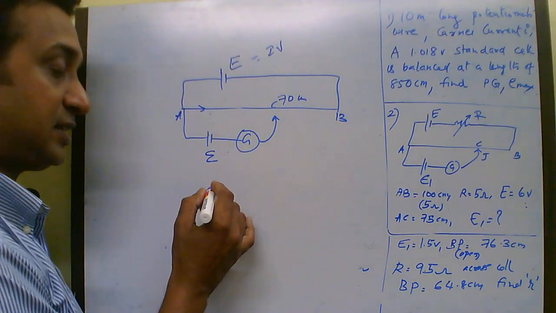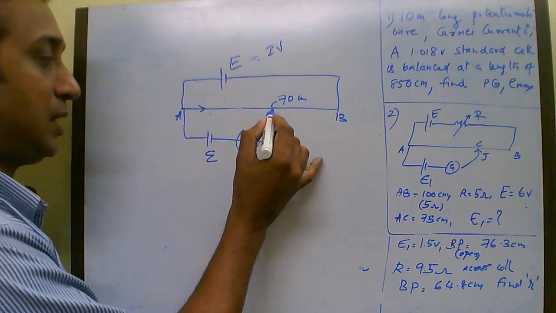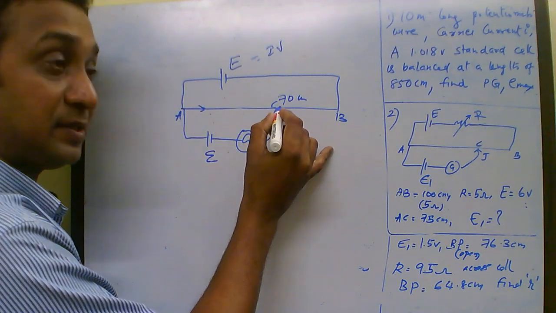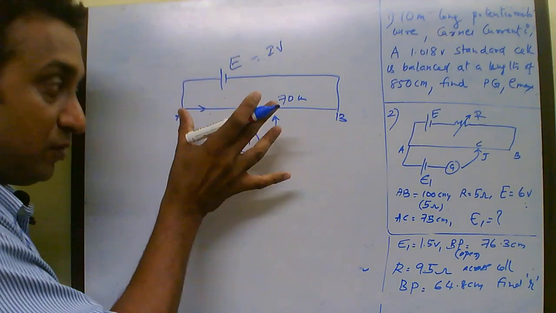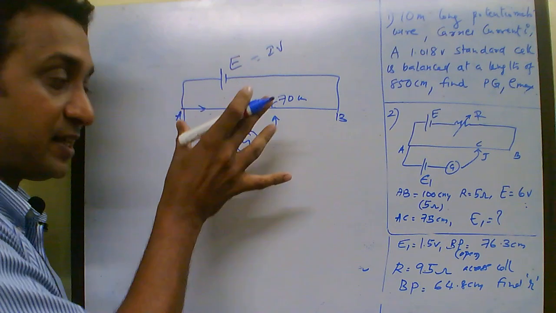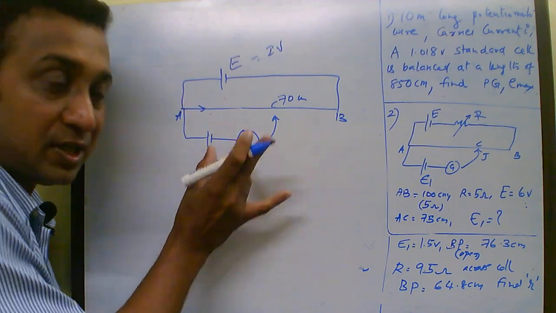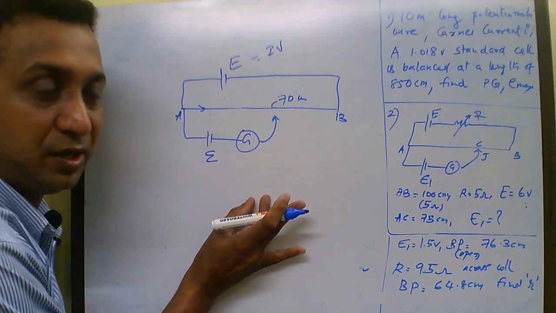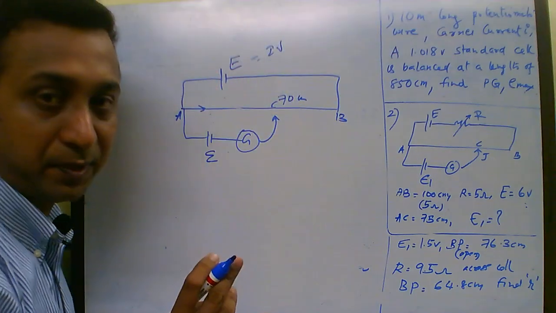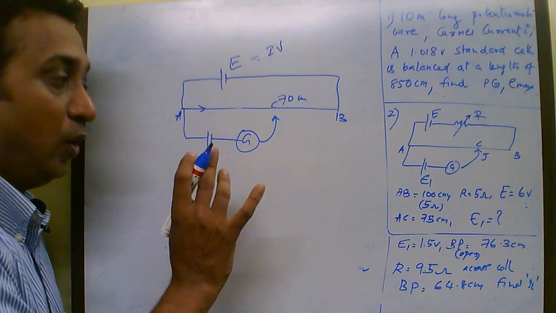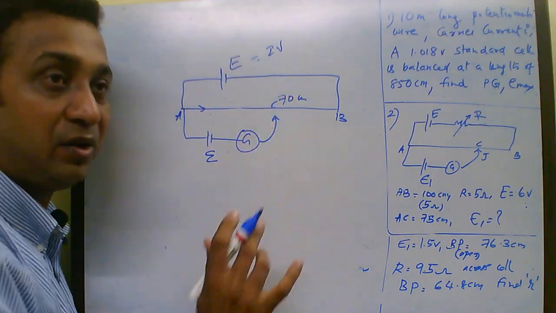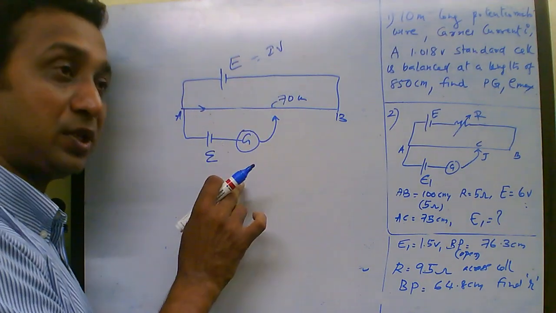In other words, the potential between A and the balancing point, say C, across AC is the same as the EMF of the cell, which is why the galvanometer does not show any deflection, just as neither water enters nor is able to enter the main pipe. That is how you find the unknown EMF, by knowing the null point where current flows neither into the cell nor out of the cell.